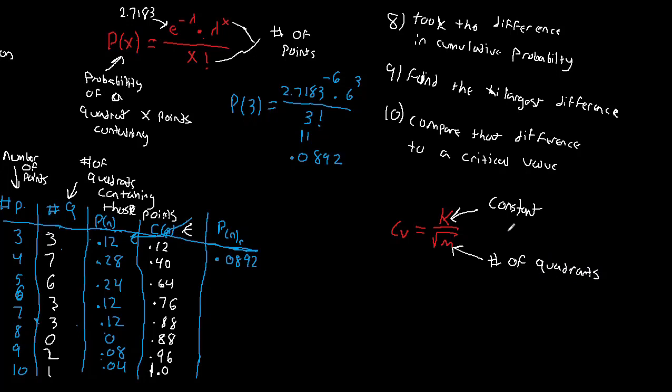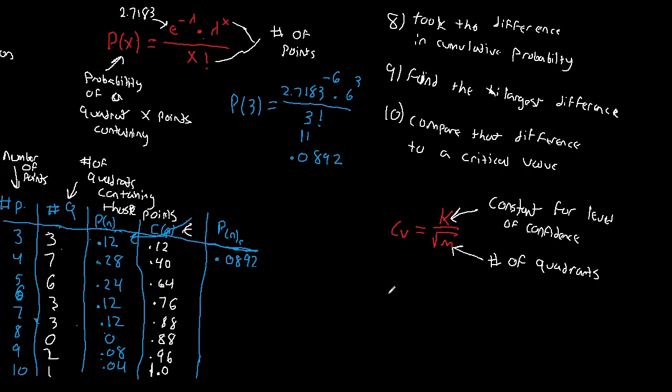Okay, and so there's a lookup table that we would use to figure out what K we want, but basically it's going to be a constant that's going to change based on the level of confidence. So let's say that we wanted to be confident at 80%.